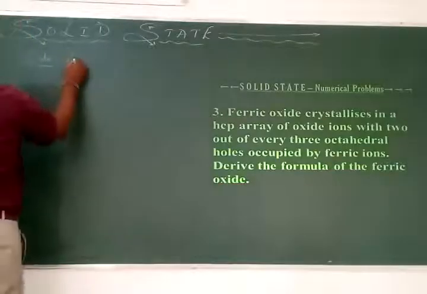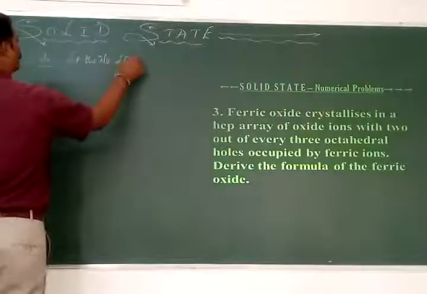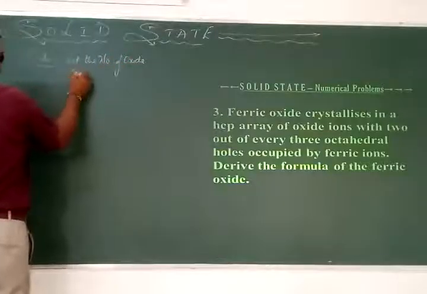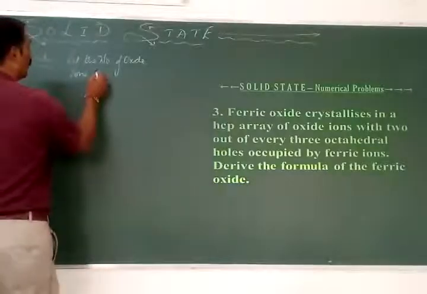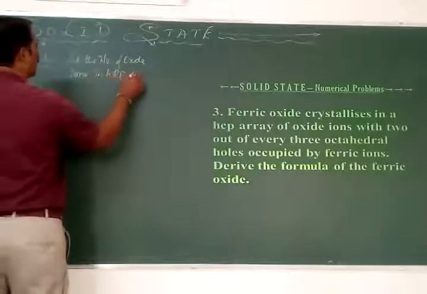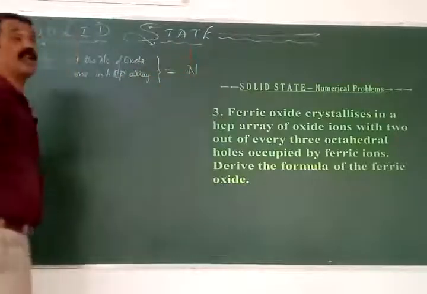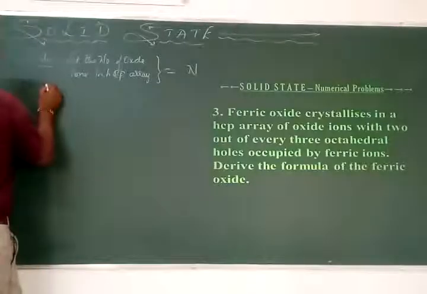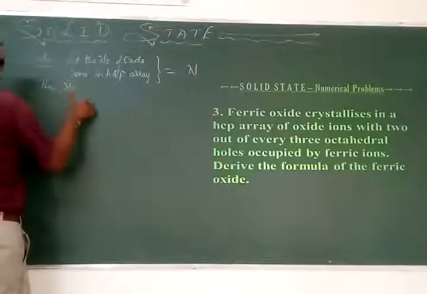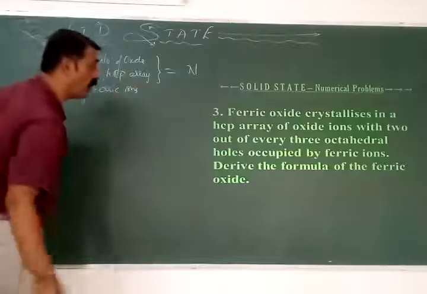Let the number of oxide ions in the HCP array, which means arrangement, be, for example, N. Then the number of ferric ions occupying where?